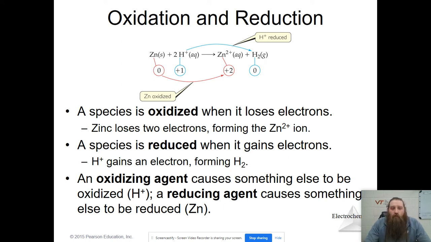So we can look at the charge and say, all right, zinc went from 0 to +2, so it was oxidized. Hydrogen went from +1 to 0, so it went down the number line, so it was reduced. The oxidizing agent is something that causes something else to be oxidized. In this case, that would be the hydrogen. The reducing agent causes something to be reduced, in this case, the zinc. That's what we're seeing there.